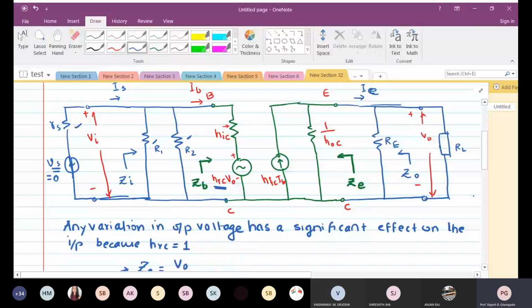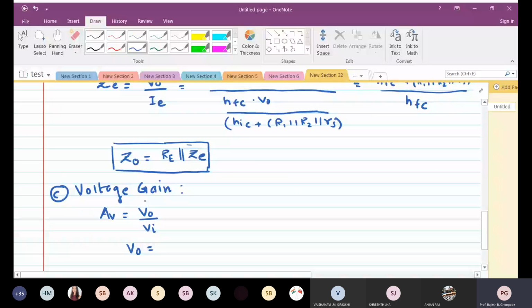So I can write VO, which is generated as IE into RE parallel RL. This we can write as HFC into IB into RE parallel RL.